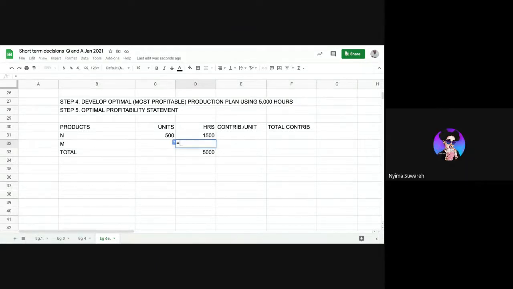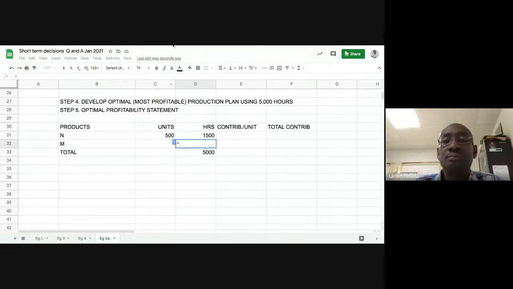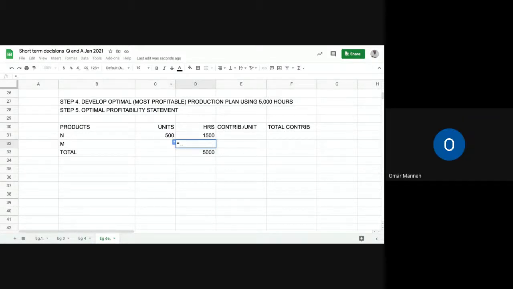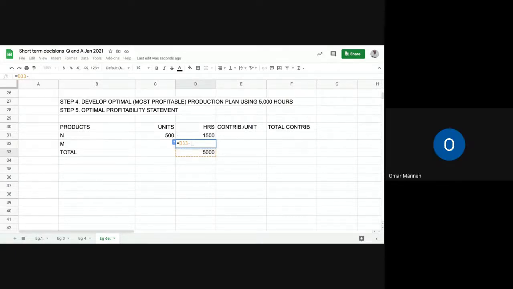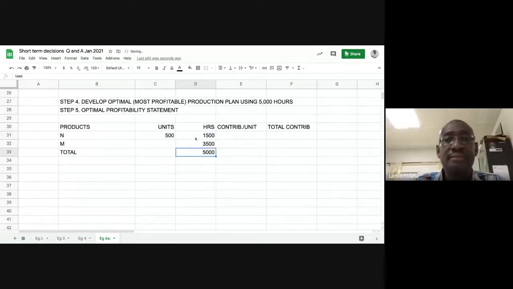Equals D33 minus D31. We enter. Excellent. So we have 3,500 hours.